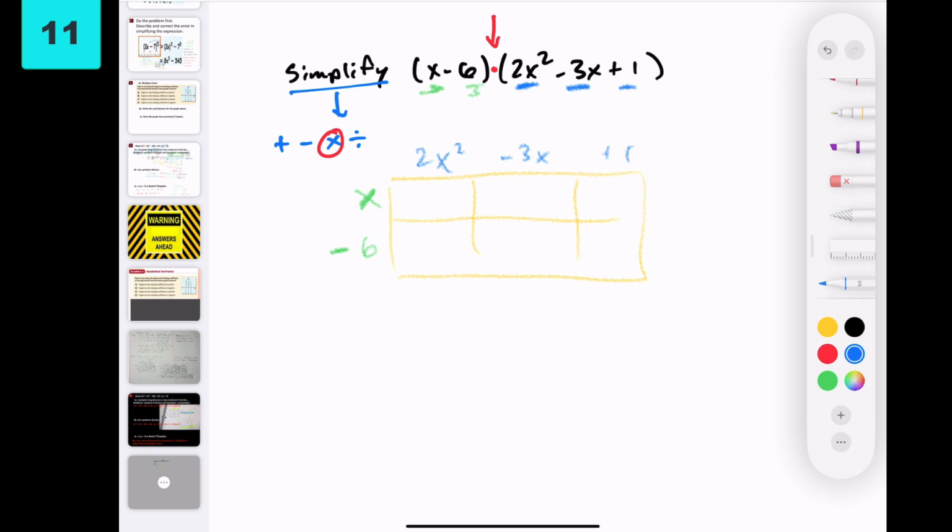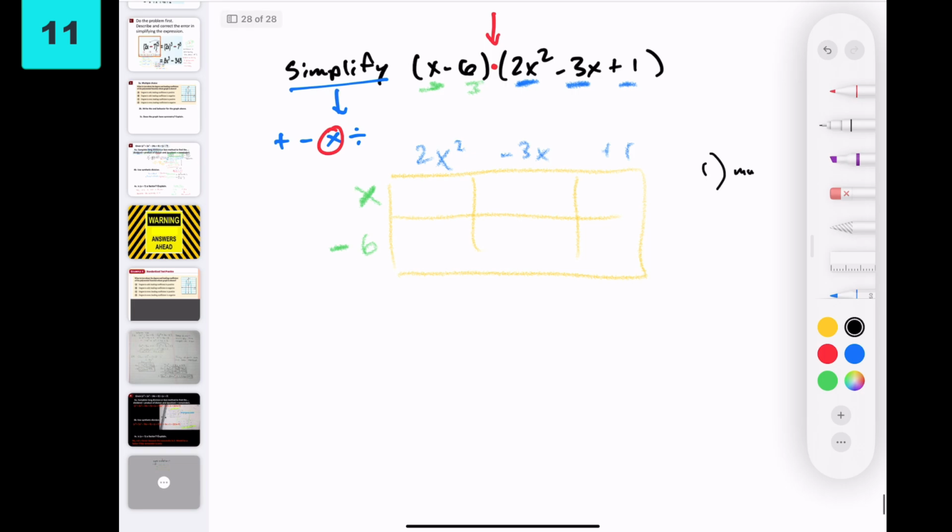So let's go ahead and we're going to first multiply. So this will be 1 times 2, and x times x squared is x to the third. We're going to keep multiplying. Negative 6 times 2 is negative 12, and you just have no x's, so it's just going to be x squared. 1 times negative 3 is negative 3, and x times x is x squared.